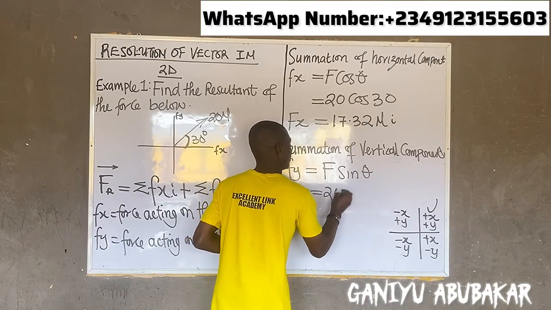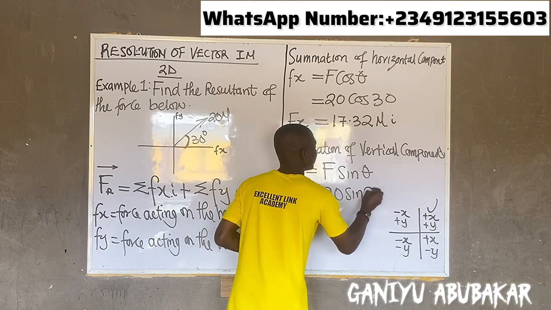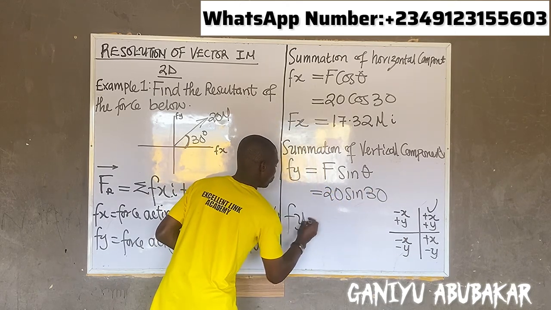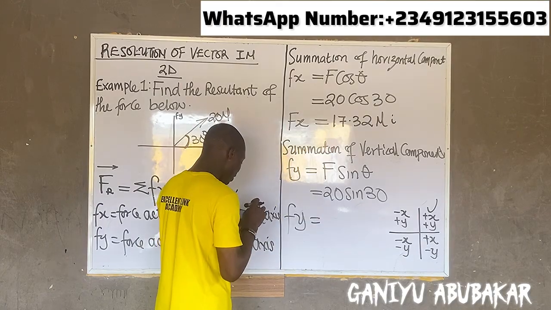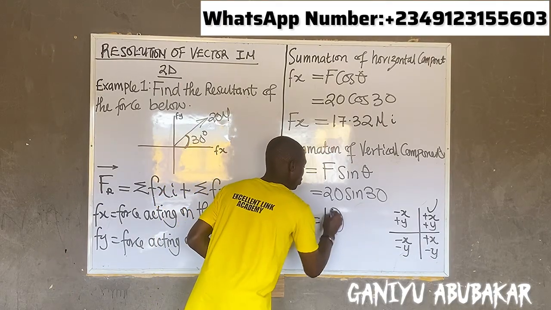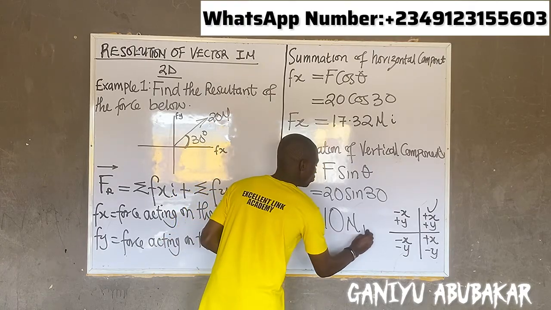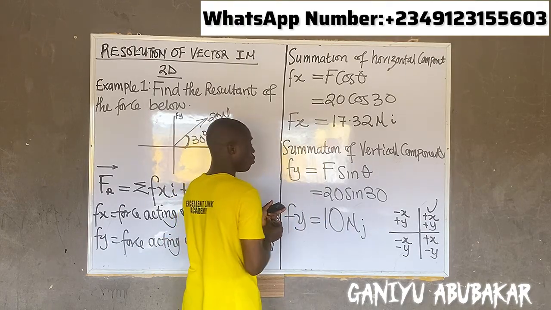F is 20 and theta is 30, so Fy will be equal to 20 sin 30. That gives you 10 Newton. If it's y, that gives you j in vector form.